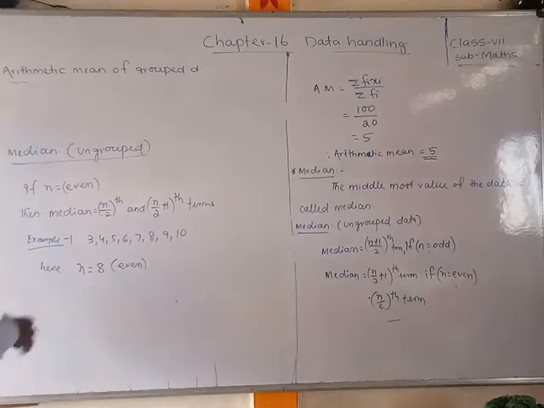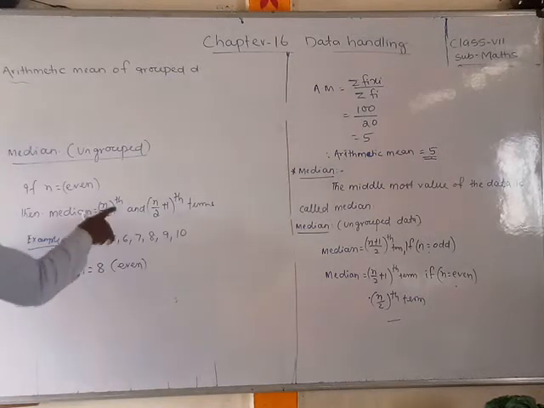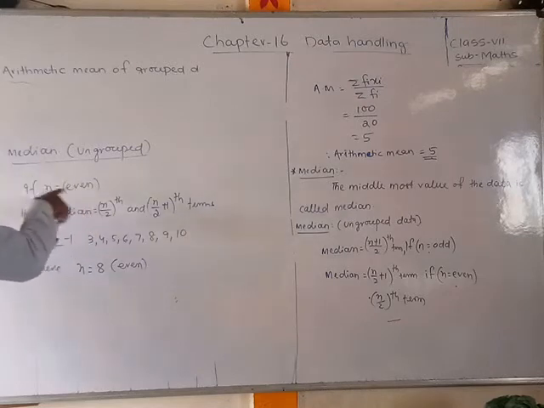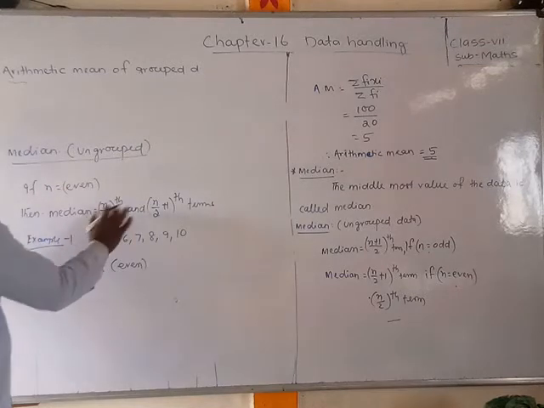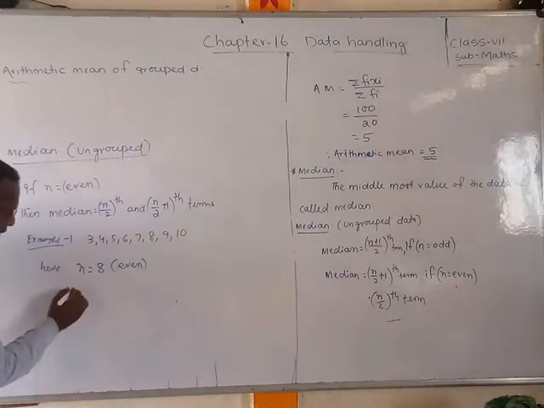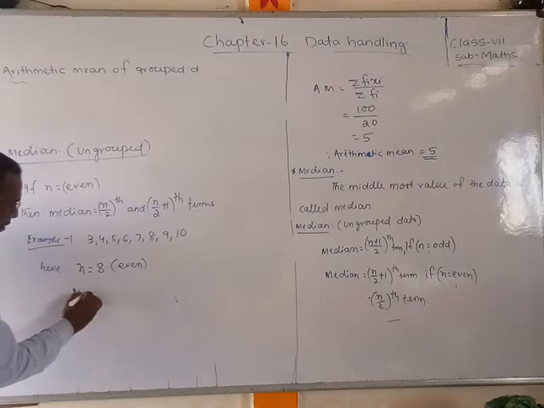So what do you have to do? Now you have to use this formula, because if the data has an even number of observations, we apply this formula. The two medians will be found.